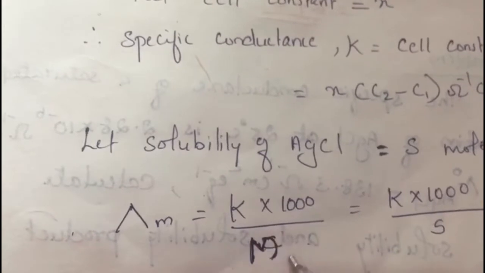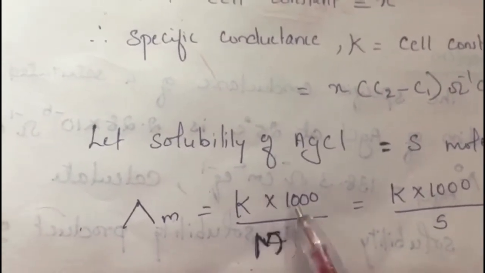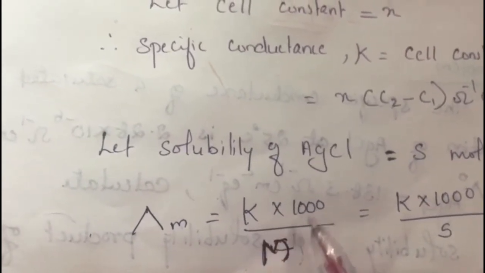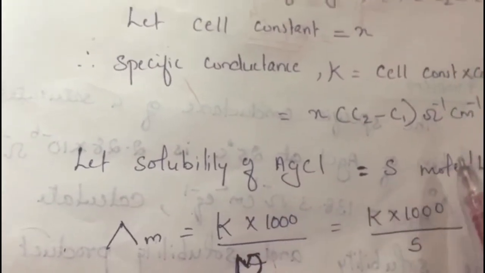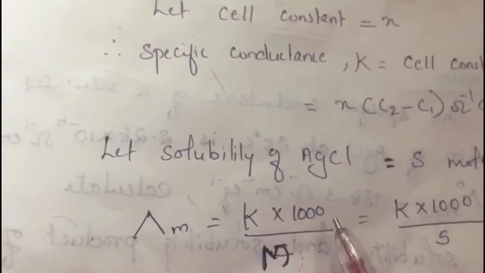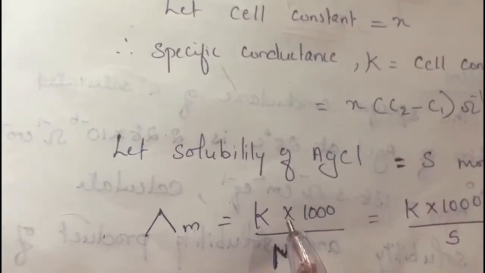Here I have written molarity because we are using molar conductance. So K into 1000 by C, that means K, the specific conductance, into 1000 divided by M. We have used 1000 because the unit is written here in centimeter inverse, so we have to convert into liter. Otherwise, if your unit is Siemens per meter, we can write it as K by C.